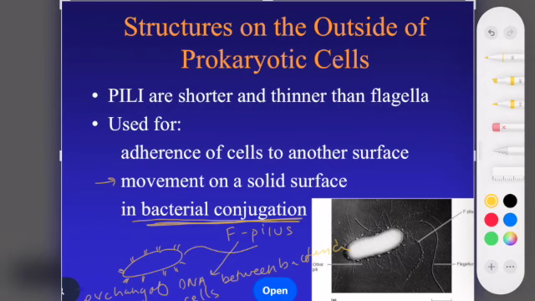This is the F pilus here. It looks about as big as the flagella. The F pilus is an exception. These other things are just little tiny pili. We will learn more about the F pilus, which is also short for the fertility pilus, later on in the course when we dig a little deeper into conjugation.